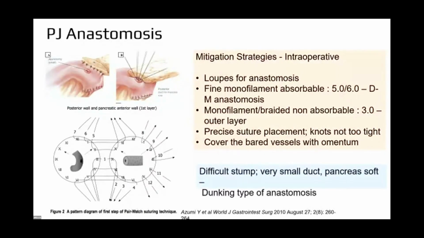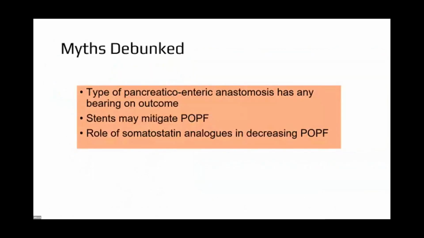And if there is a difficult stump, then even in that paper, people recommend that you get onto a dunking anastomosis as a last resort. So some of the myths we have debunked is type of anastomosis is not important. Stent doesn't mitigate postoperative fistula, and somatostatin analogs are not the Rambo that we have.